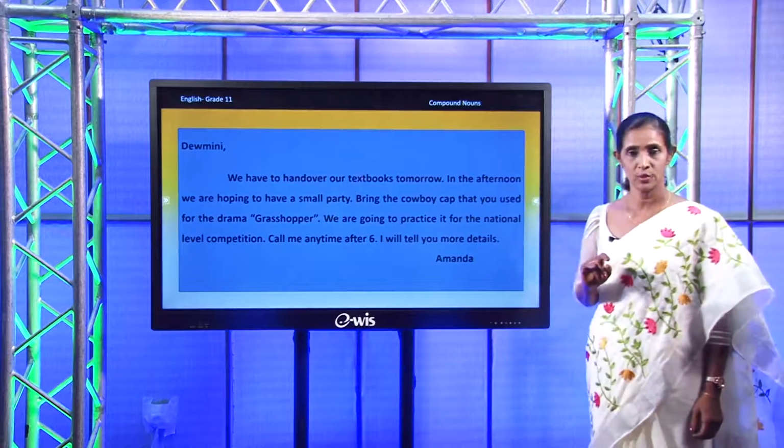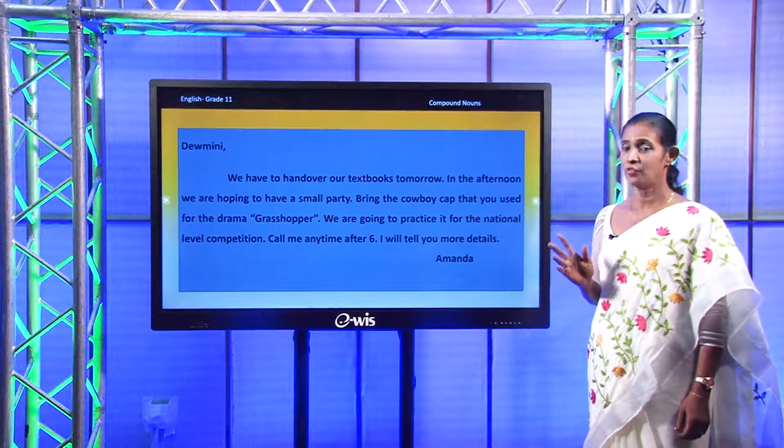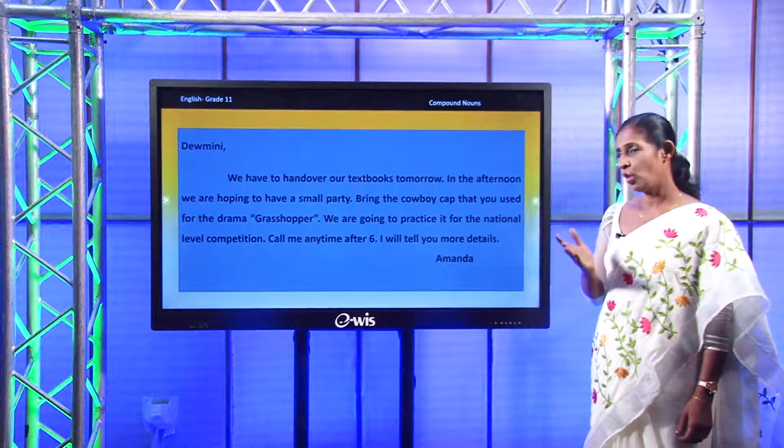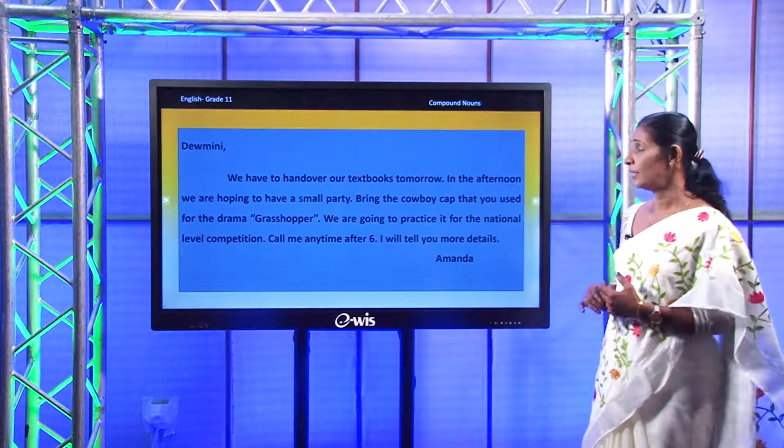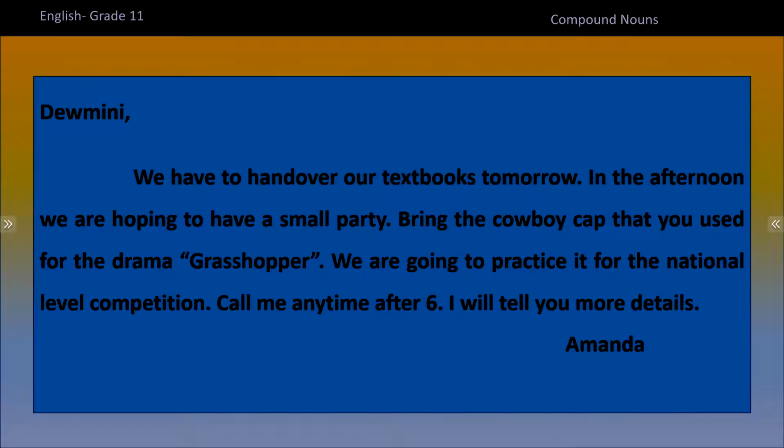Okay, let's see what we are going to do with the note. Now we learned about compound nouns, and in this note we've got 5 compound nouns. See whether you can identify them. If you want, you can read it again, go through the lines and see whether you can identify the compound nouns. Just write them in your notebook.